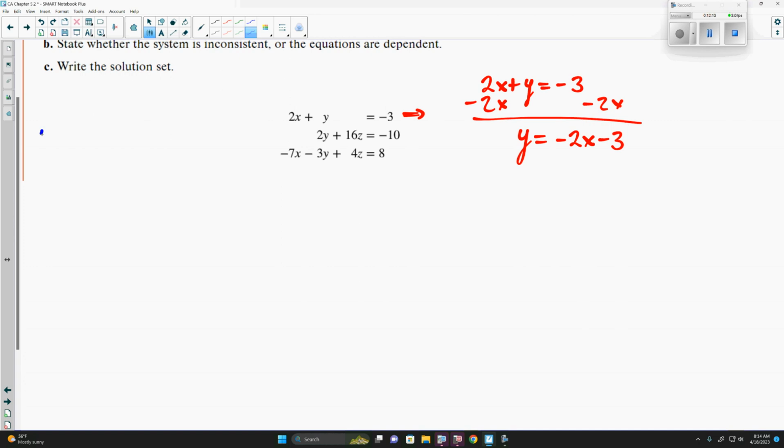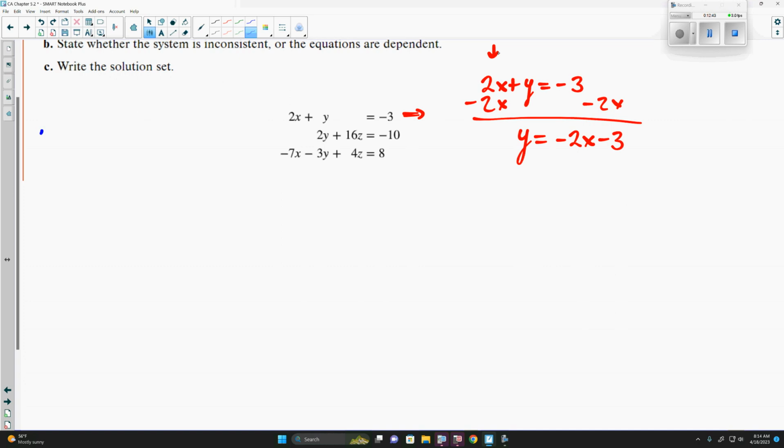The book does it in terms of y. What I should have done if I wanted it in terms of y is actually gotten the x by itself, everything equals y. But this works. So what I'm going to do now is get everything in terms of x. So we got the first equation in terms of x.